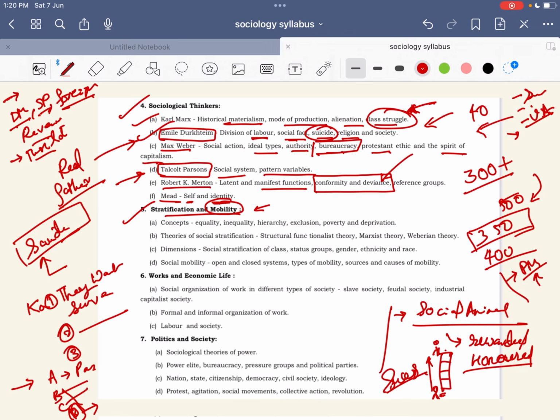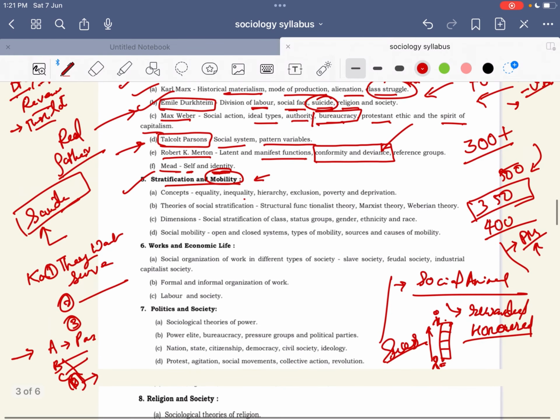Then there are concepts like equality, inequality, hierarchy, exclusion, poverty, deprivation. Equality we all know, inequality we all know, but from a sociological perspective, what different thinkers' views are on equality and inequality, that we have to study. Then there is the structural functional theory.